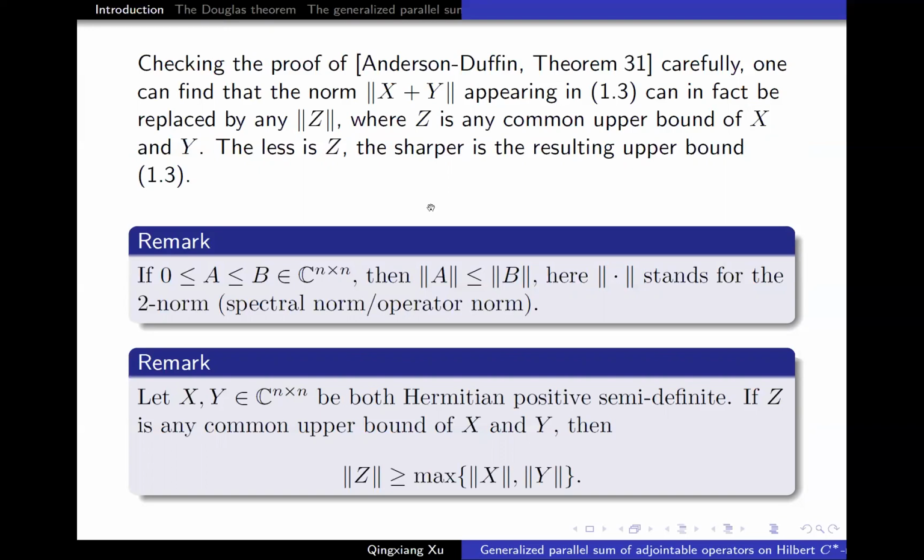Suppose A and B are two positive matrices such that A is less than or equal to B, then the same will hold for the norms. So in view of this knowledge, we can conclude that if Z is a common bound of X, Y, then its norm is also bigger than the maximum of the norms. So from these remarks, we can get this conclusion.